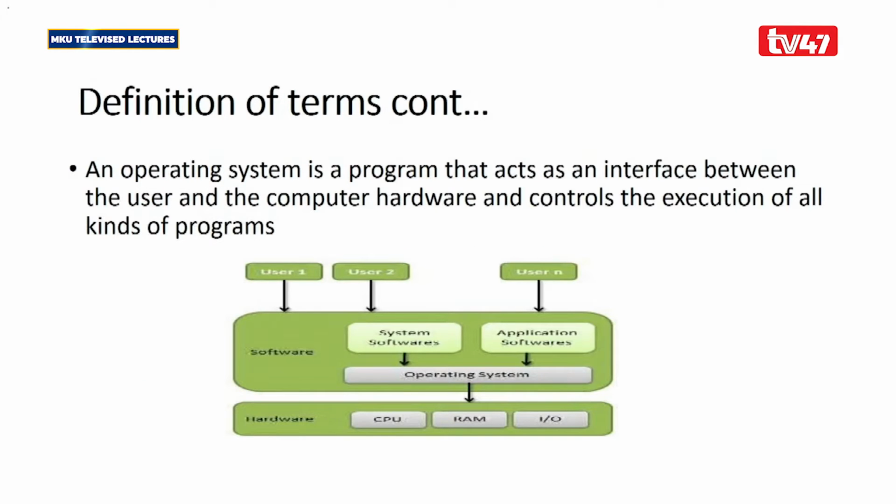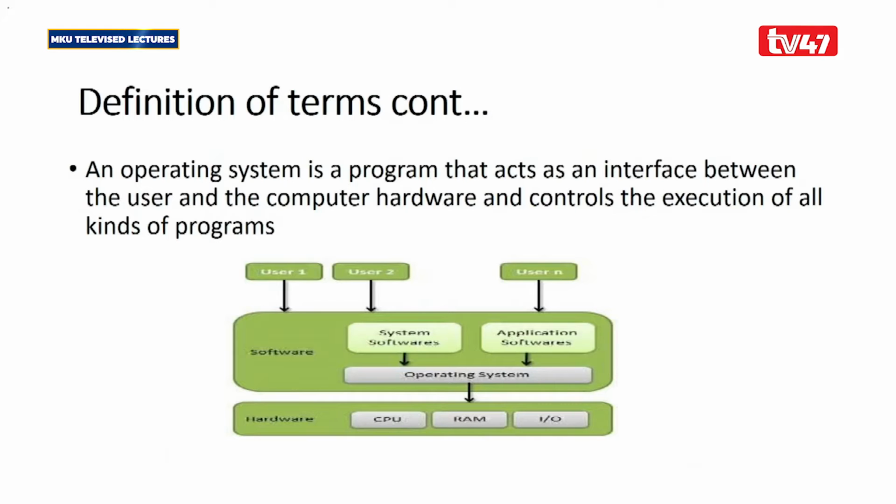Still on the definition, an operating system is a program that acts as an interface between the user and the computer hardware and controls the execution of all kinds of programs. This is a diagram that represents that definition, where you see the operating system sitting between the computer system hardware part and the software part and the user.